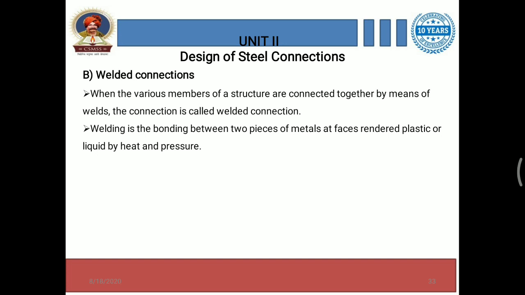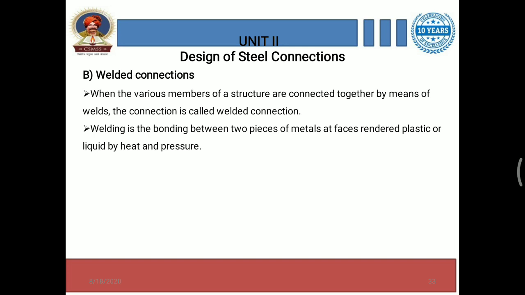Welding is the bonding between two pieces of metal at faces rendered plastic or liquid by heat and pressure. Welding is simply done at the face of the two pieces, using heat and pressure to make them plastic or liquid.